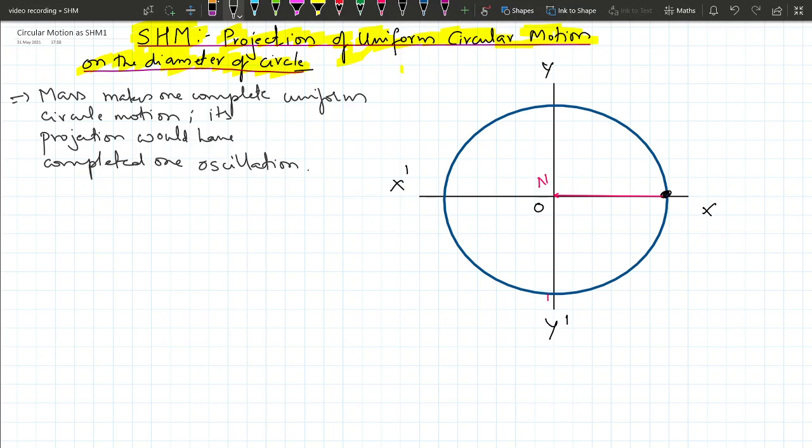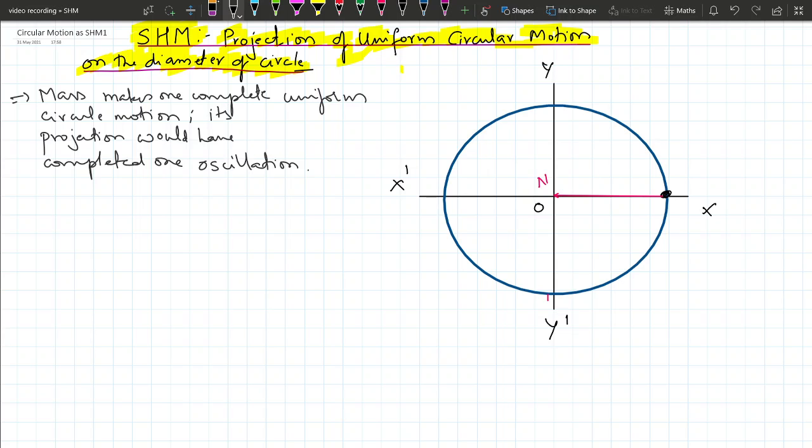One oscillation. Got it? The projection is such that its oscillations are similar to simple harmonic motion.